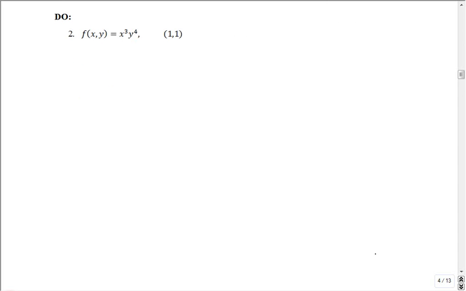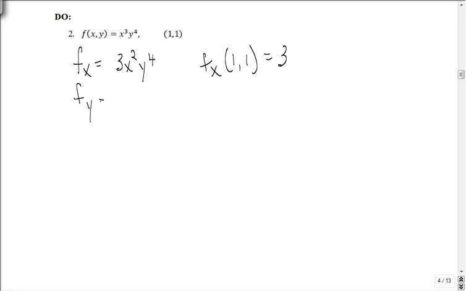So let's do this. So fx is 3x squared y to the fourth, fx at 1, 1 is 3, fy is 4x cubed y cubed, fy at 1, 1 is 4.